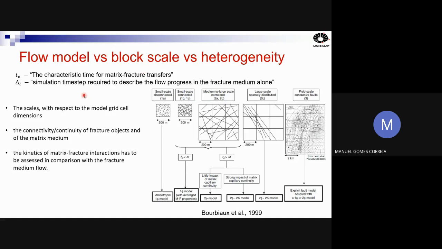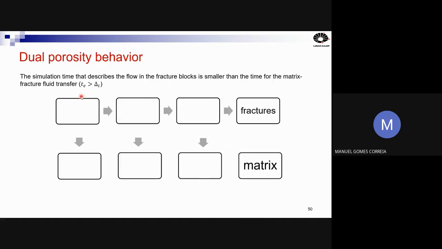Okay, so these two times are very important to decide if it's necessary to apply a single porosity or a dual porosity flow model, or a dual permeability also. I'm going to show here some examples. As you see here, this is example 1. This is an example of a dual porosity behavior. We have the flow that goes very fast in fractures.